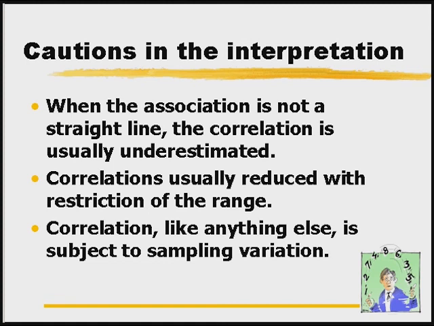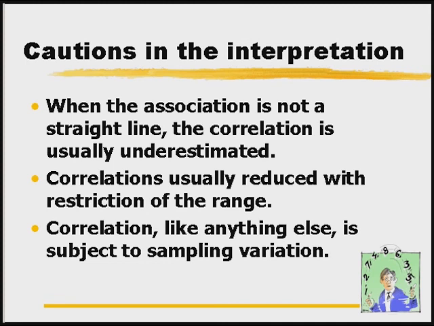Fifth, the correlations are usually reduced with what they call restriction of range. In other words, if you have a measure that goes from 0 to 100, you're better able to measure the correlation than if you have a measure that goes from 0 to 2. You will have much less of an underestimate, and it is certainly much more accurate without less bias.